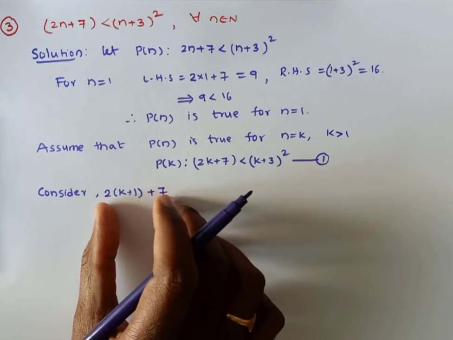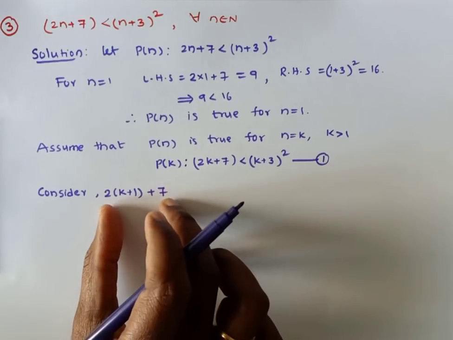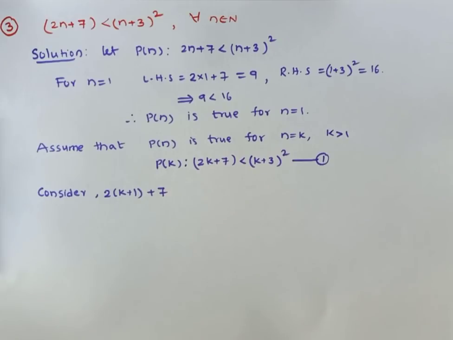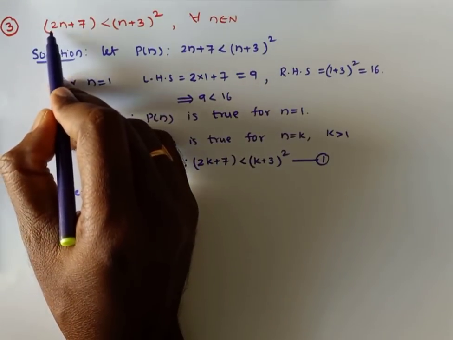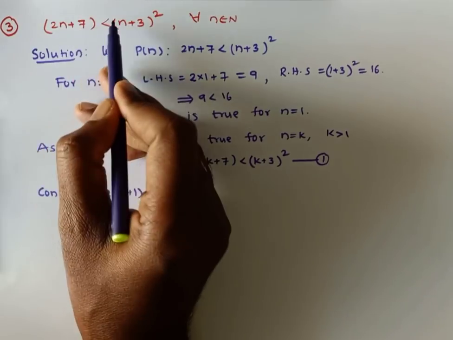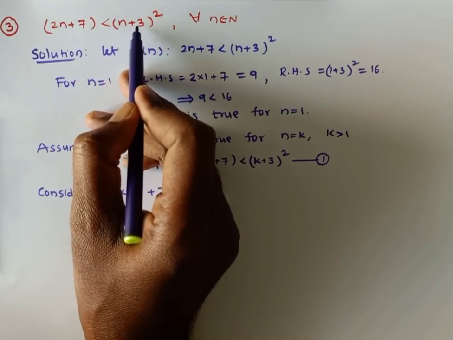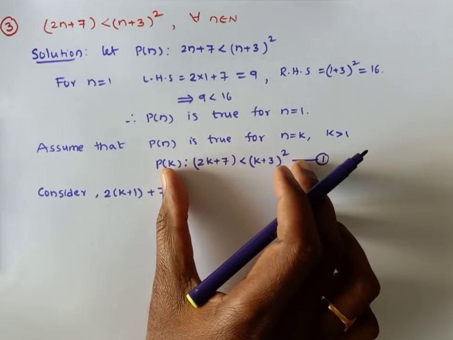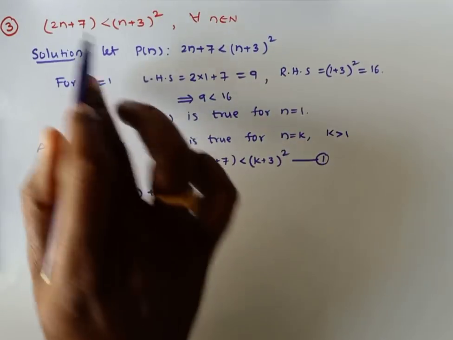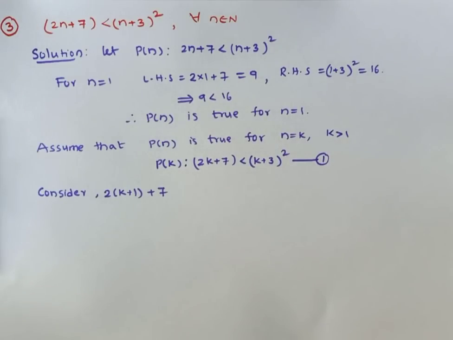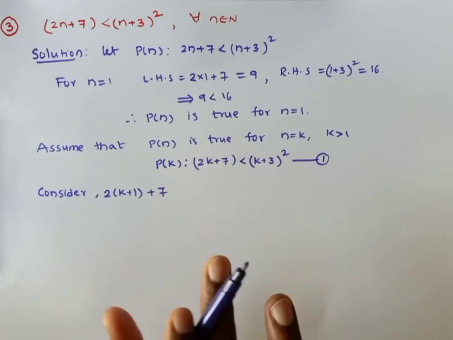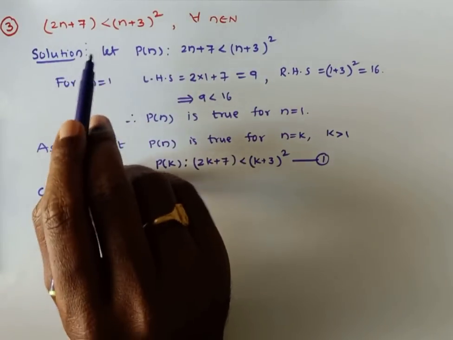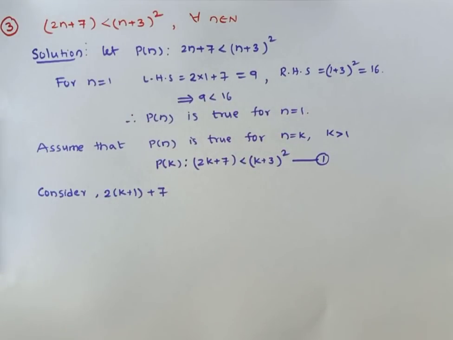What we need to show is that this quantity is less than (k plus 1 plus 3) whole square, right? Whenever this is true, the statement is true for n equals to k plus 1.